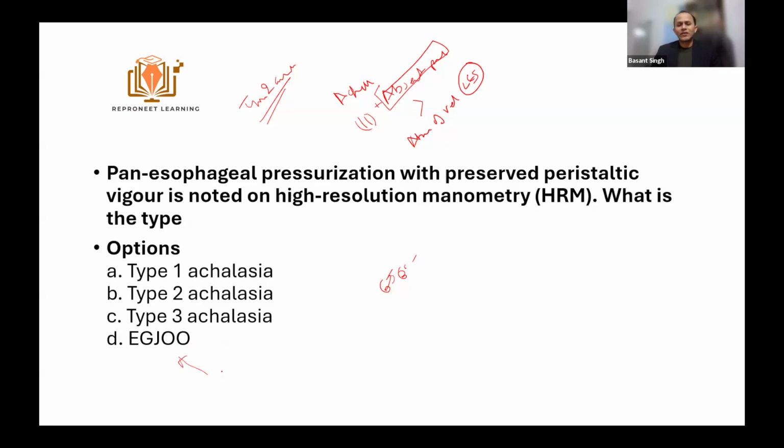In patients who have long-standing reflux disease, or eosinophilic esophagitis, any esophagitis, long-standing injury to the esophagus, slowly they go on to develop achalasia cardia. There is injury to the muscular wall of the esophagus, and they go on to develop achalasia cardia. So that is what this is.